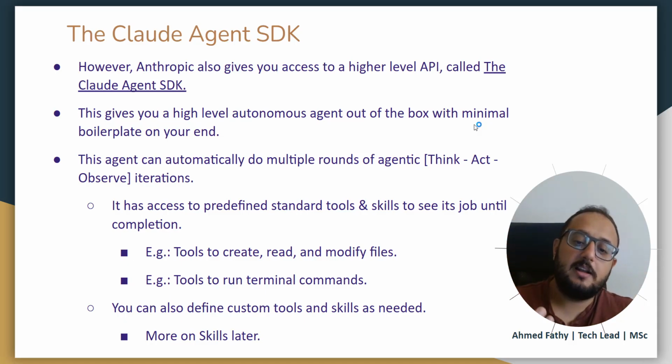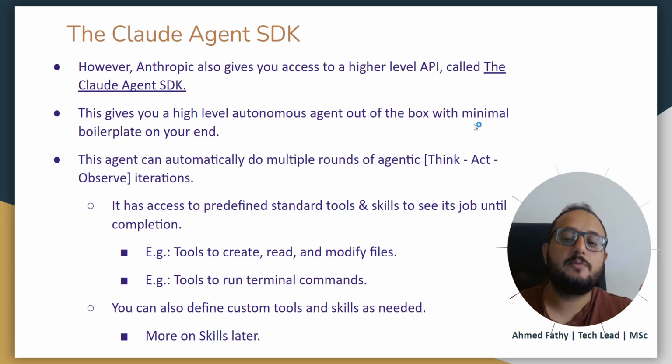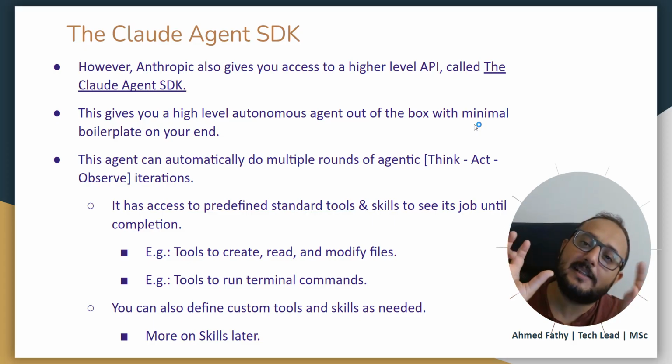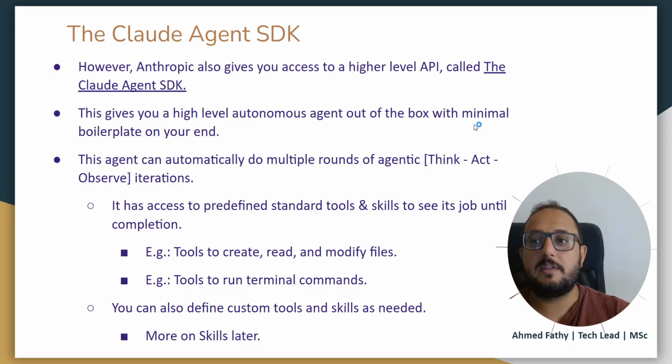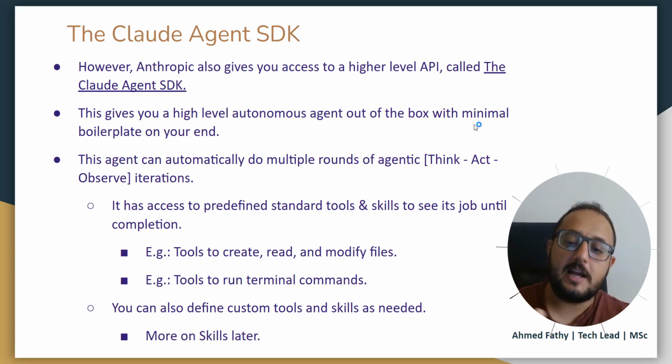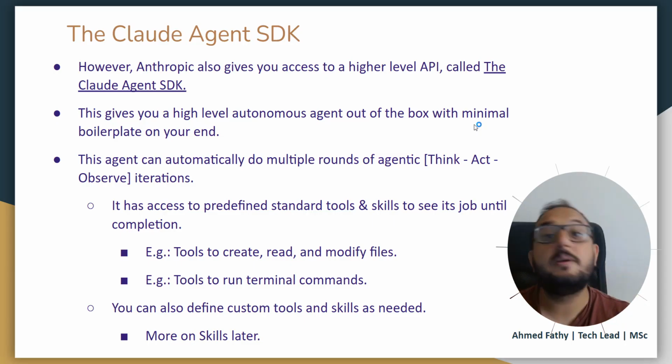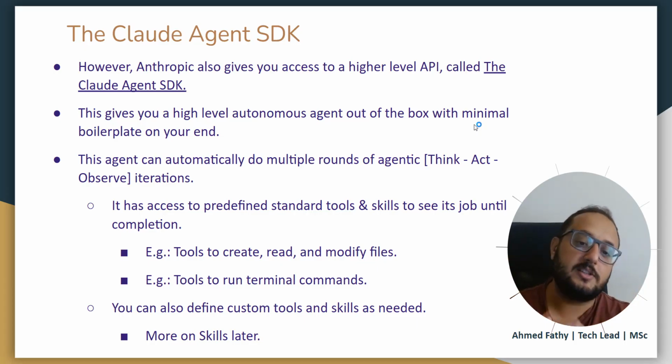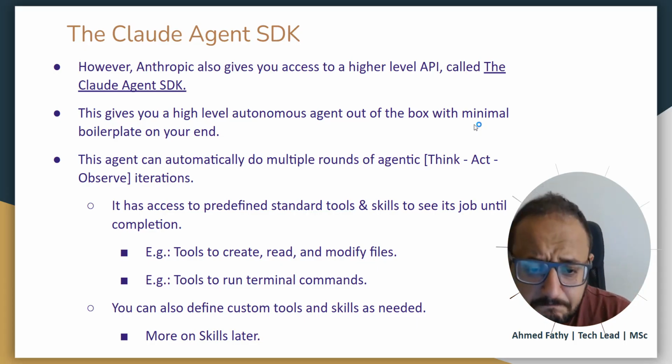This gives you a high-level autonomous agent out of the box with minimal boilerplate and minimal ping-ponging on your end. It's a little bit similar to how we did the same thing with Pydantic and removed a lot of boilerplate, but now we use the Claude Agent SDK because in this exam it is asked a lot about it. It's extremely important in the exam.